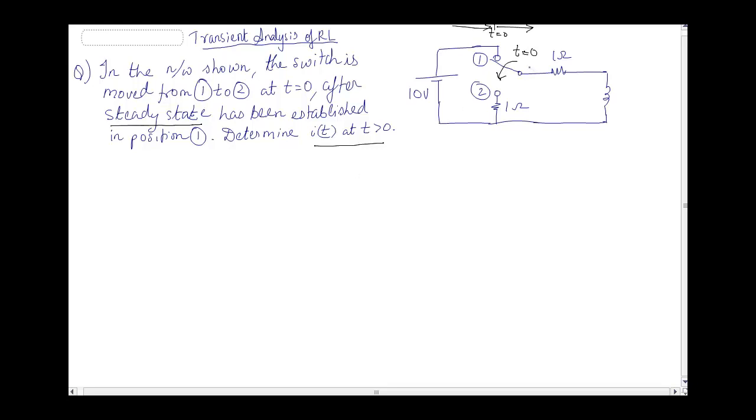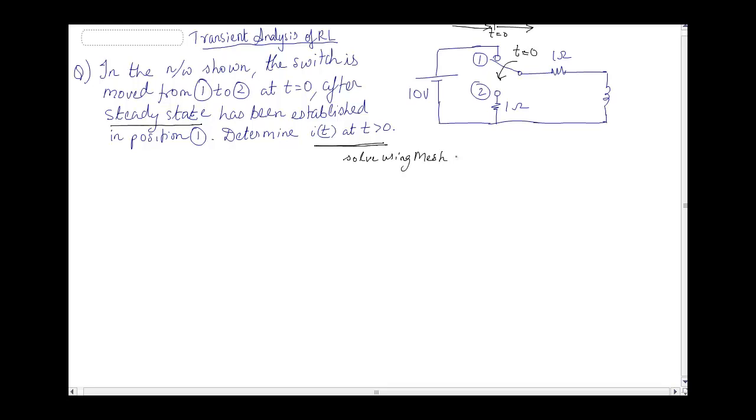What did I say? I said that there are two time periods. One is before t is equal to 0, where steady state had been achieved, and the other is after t is equal to 0, where you want to find out i of t. So for finding out this i of t, we will have to solve using mesh, or let's say nodal or superposition or simple KVL, whatever is the case.